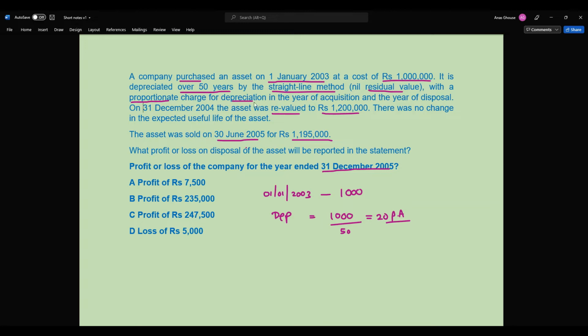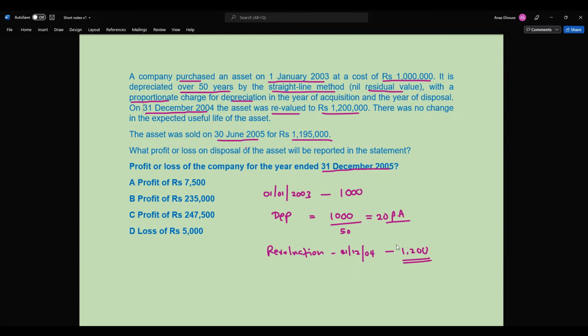Then this asset was revalued on 31st December 2004. Revaluation of the asset on 31st December 2004 for how much? 1.2 million. So this is a new value.